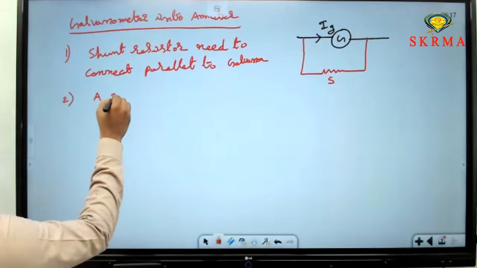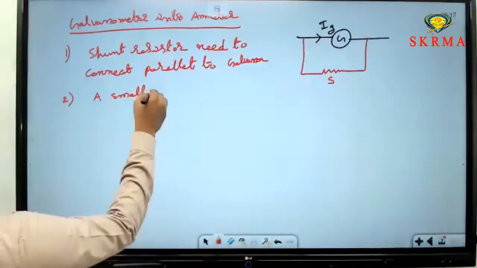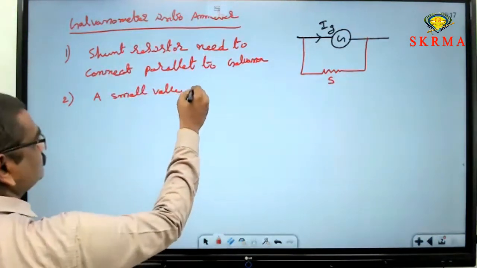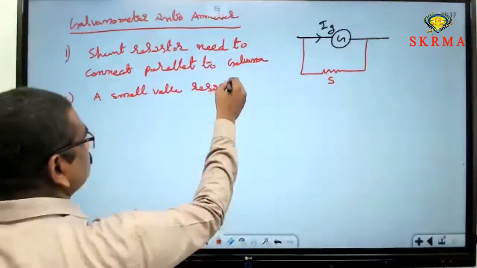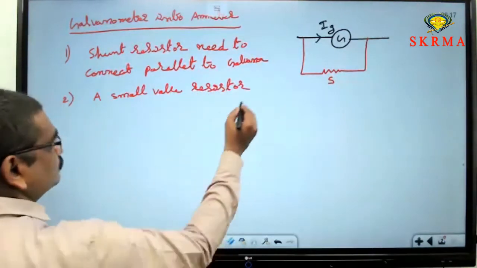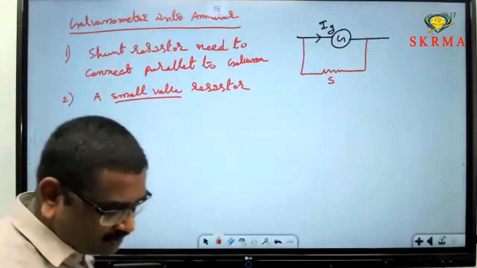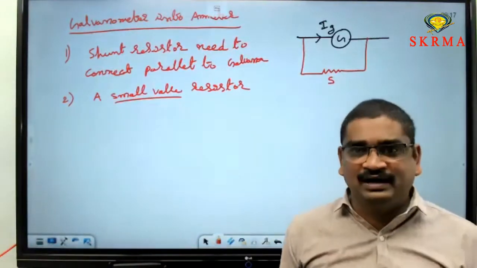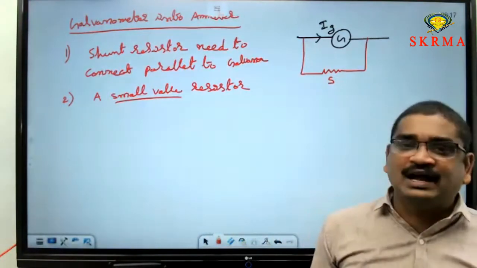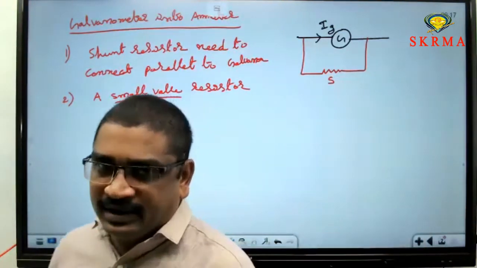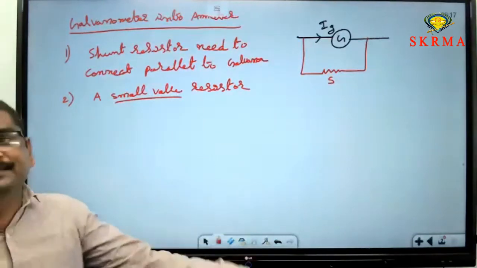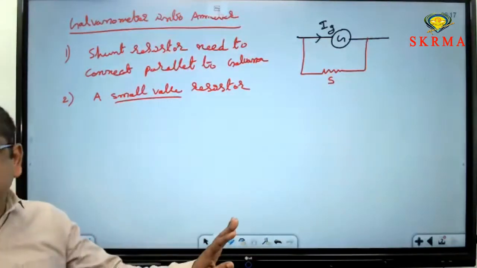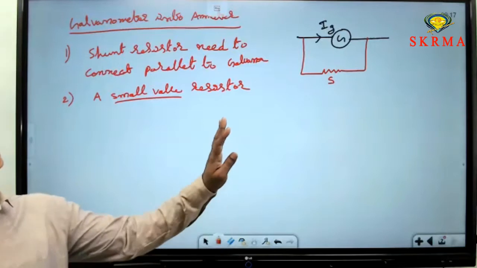The resistor value should be very small, negligible compared to the galvanometer resistance. When a small resistor is connected in parallel, the galvanometer is converted into an ammeter.